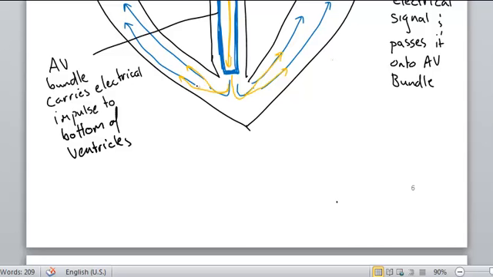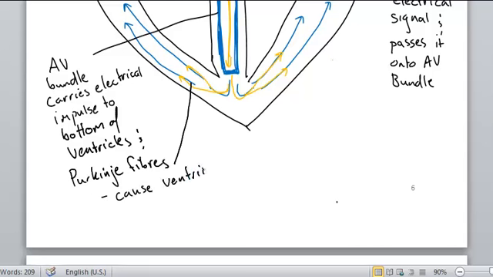Okay. And Purkinje fibers, which the Purkinje fibers then cause ventricles to contract from the bottom up.